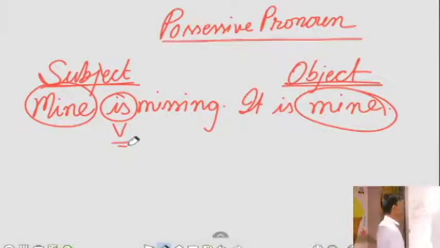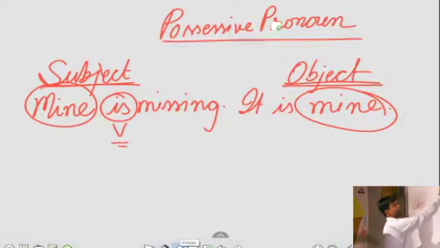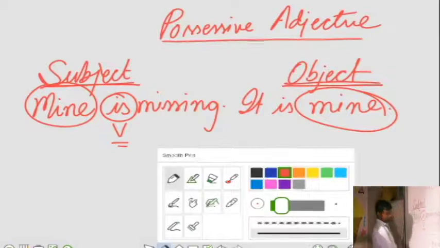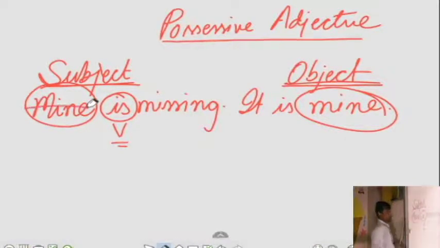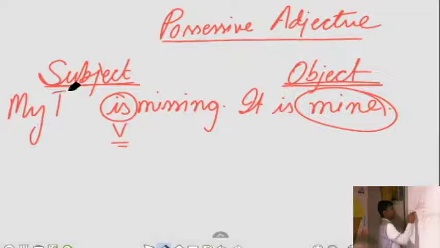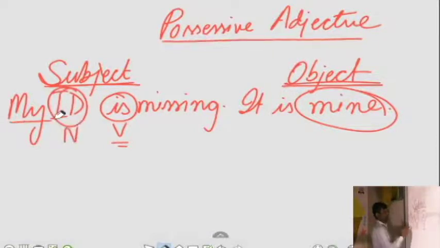But adjective? What about the adjective? See that adjective now. Okay? What should be there? There should be a noun. So here, in the subject, a noun should be there. So, my ID, noun, adjective.